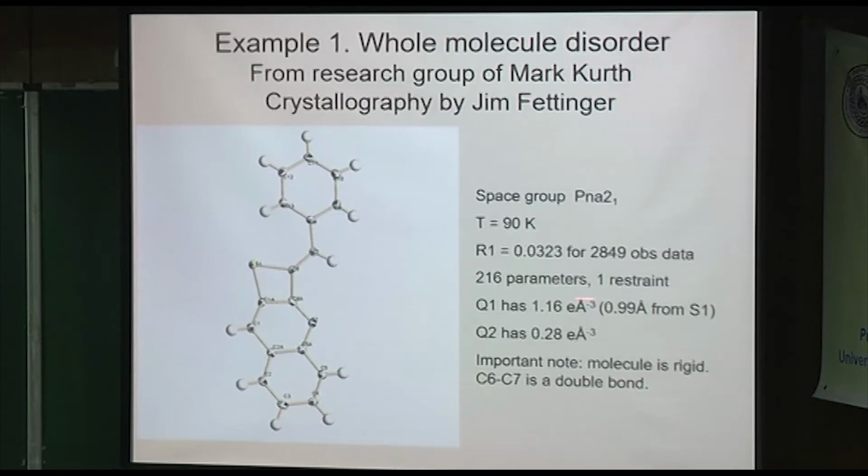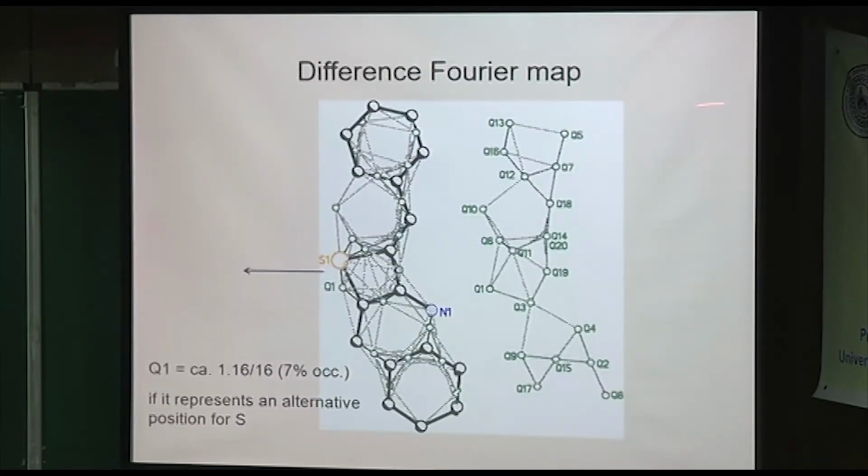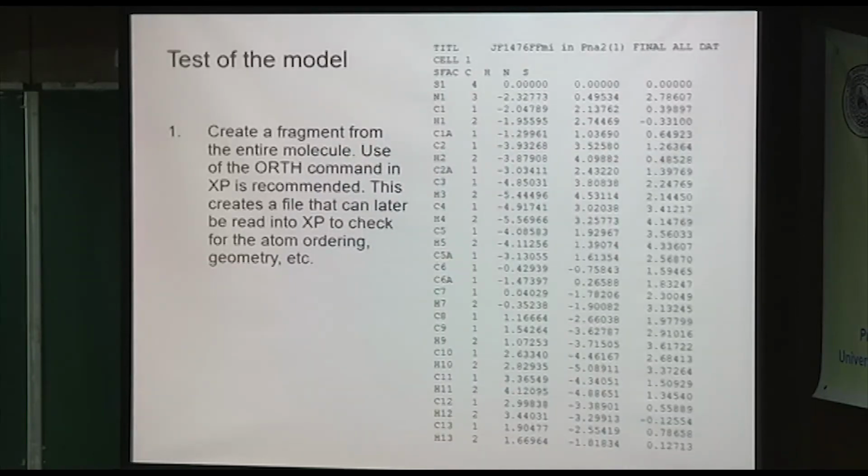There were quite a few Q peaks that were more than 1. And the Q peaks really looked like they were trying to be another molecule. You see what I mean? And sure enough, we were able to fit the rigid group to that with some fiddling. And it was a large rigid group, a lot of atoms in the fragment.